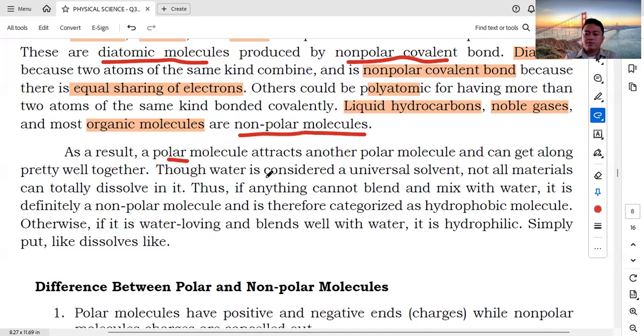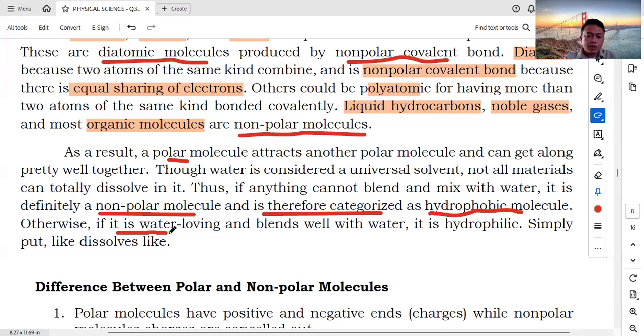Though water is considered a universal solvent, not all materials can totally dissolve in it. Thus, if anything cannot blend and mix well with water, it is definitely a nonpolar molecule and is therefore categorized as a hydrophobic molecule.